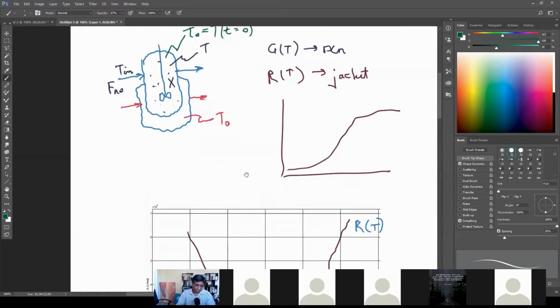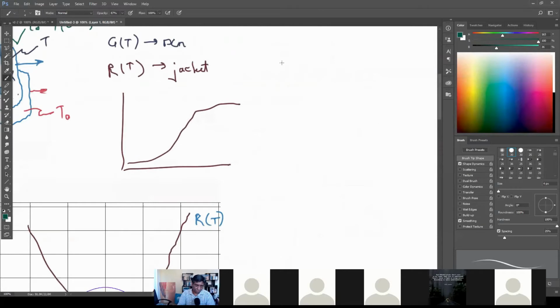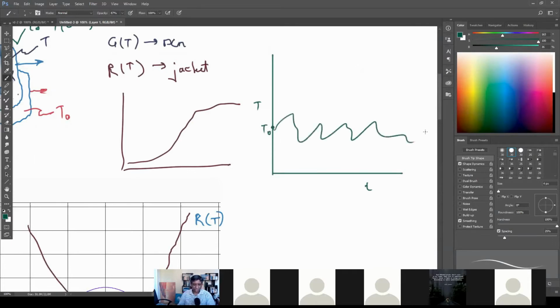So what's going to happen is that temperature is going to change over time. So if you plot temperature versus time, you'll start out with some initial value T naught, and then something is going to happen here, right?